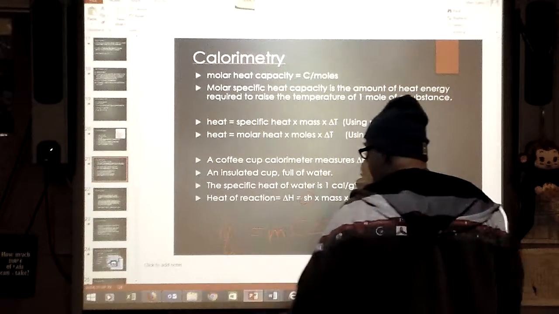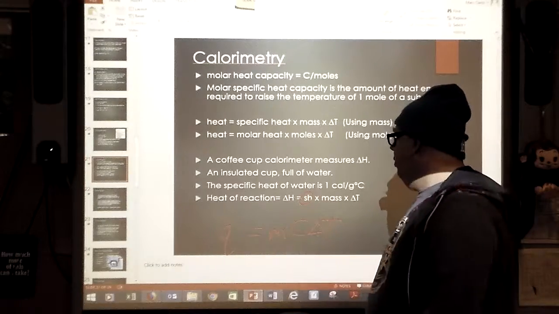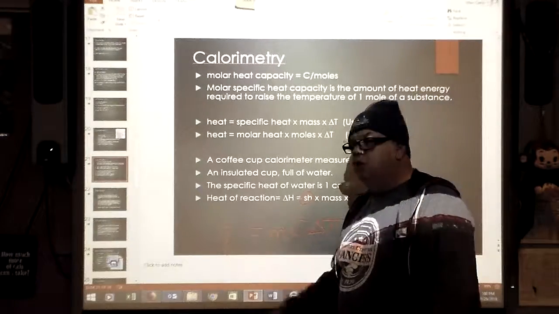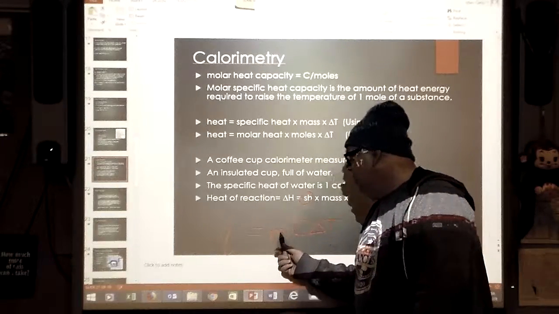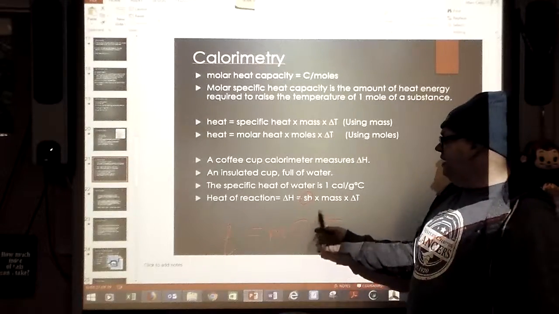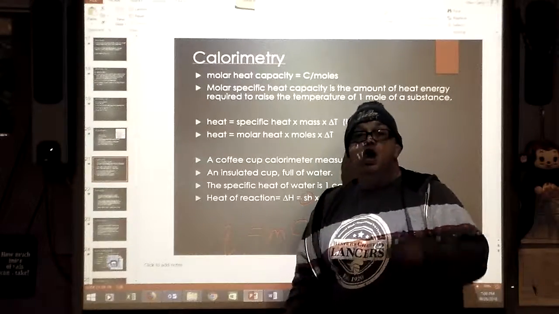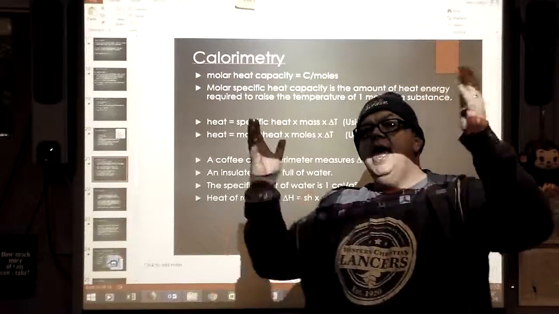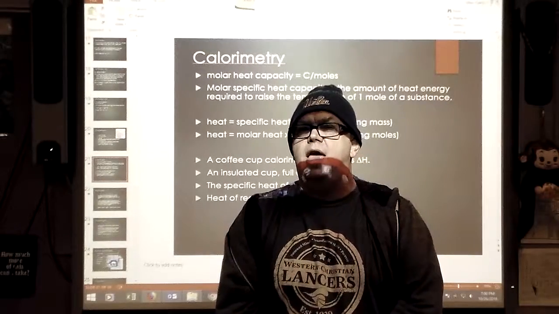And we can look at delta H as Q, the energy that's involved, the heat of reaction, if you will. Q equals mass times the specific heat times the change in temperature, otherwise known as Q equals mCΔT.